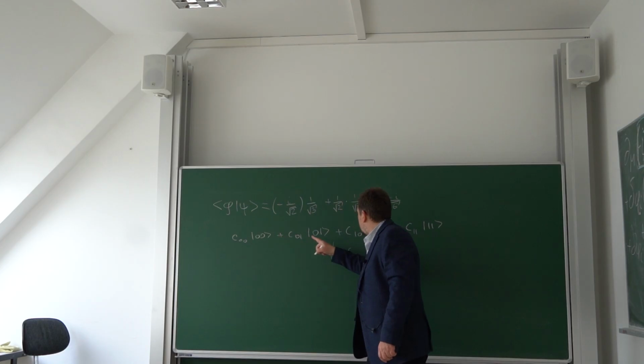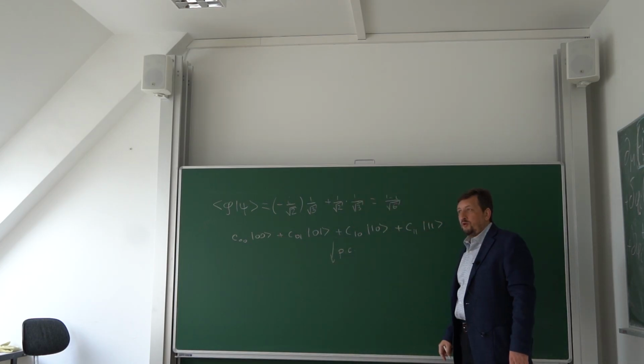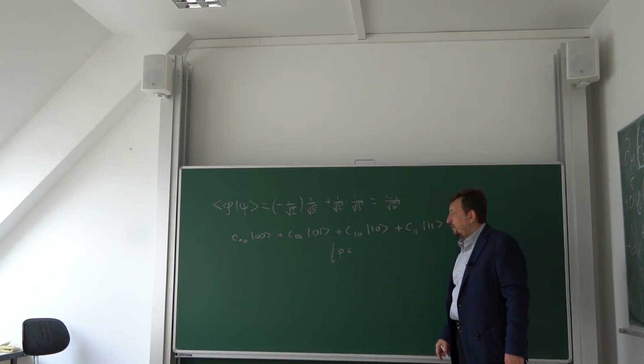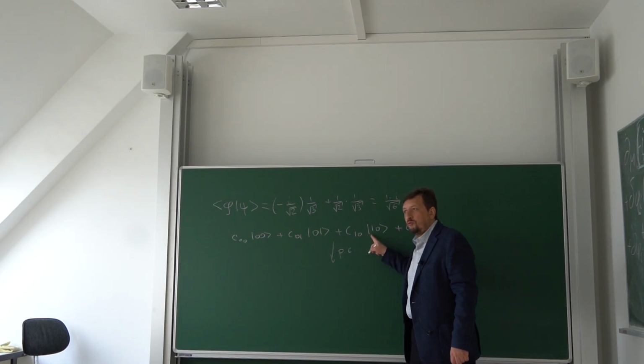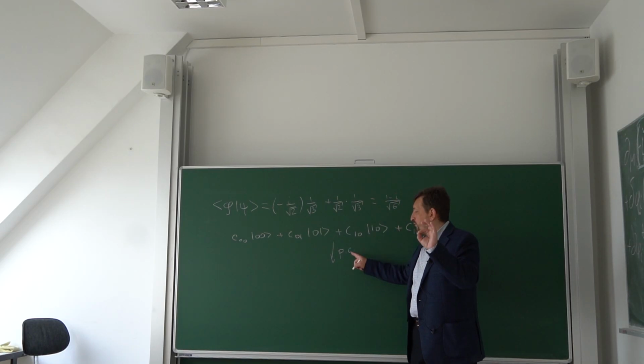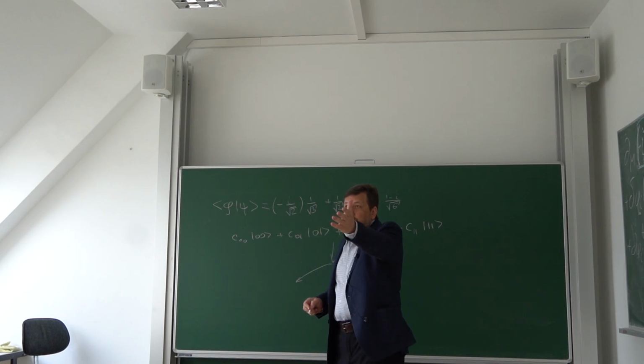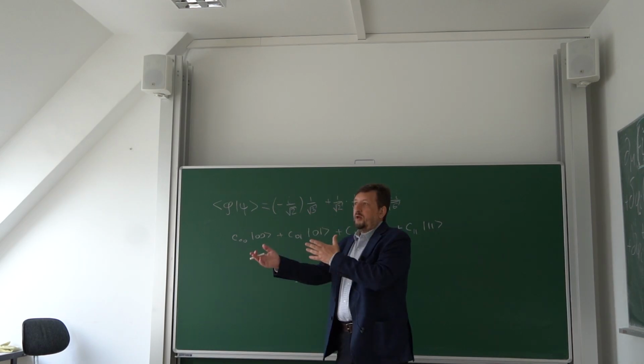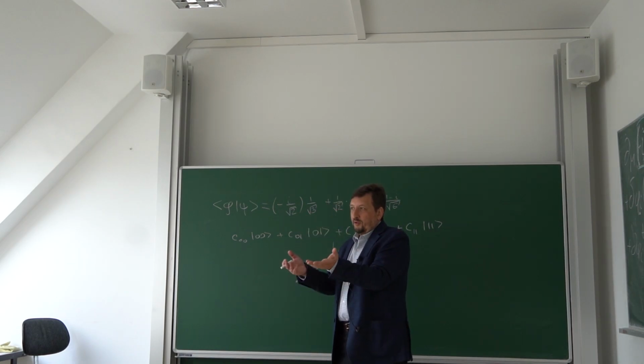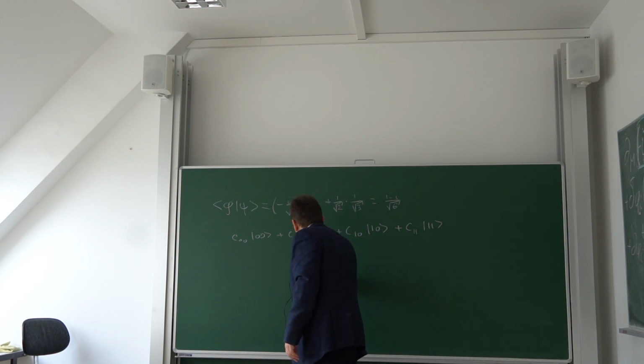Now these two terms correspond to even parity, and these two terms correspond to odd parity. So the outcome of this parity check measurement will be random, either even or odd, the same as when we measure a qubit and get a random result if this qubit is not in a particular state.